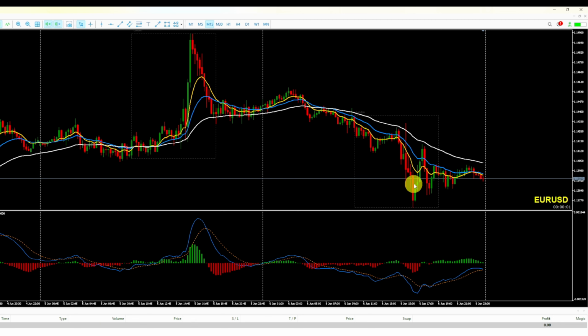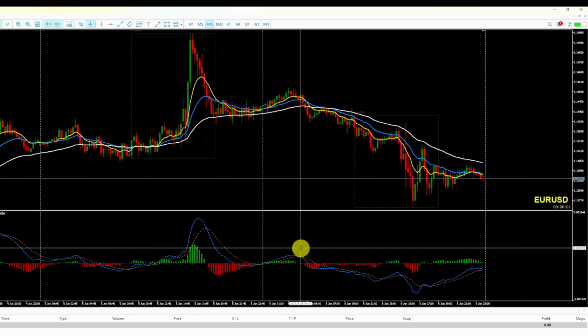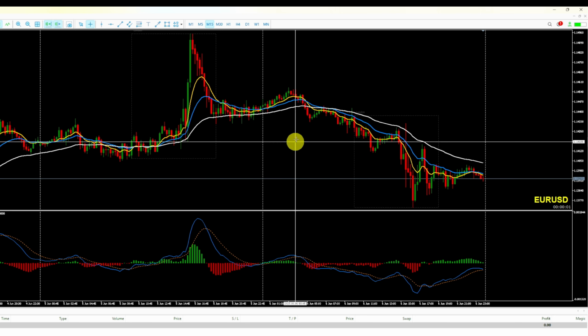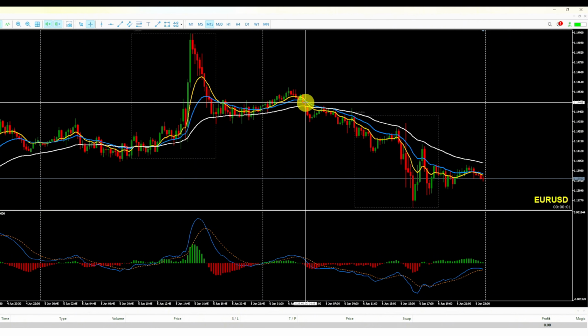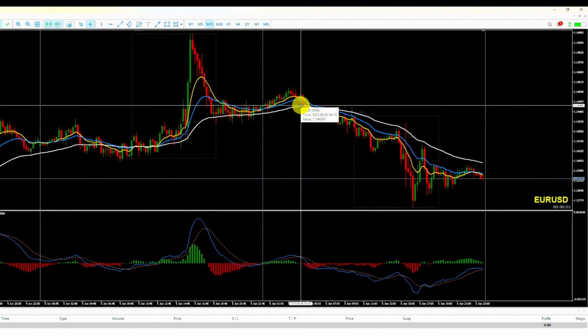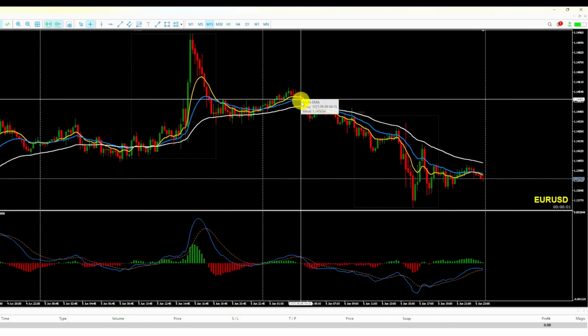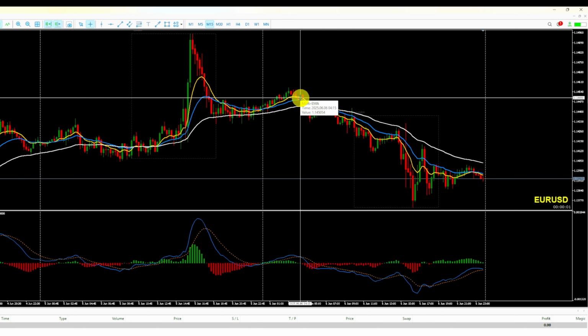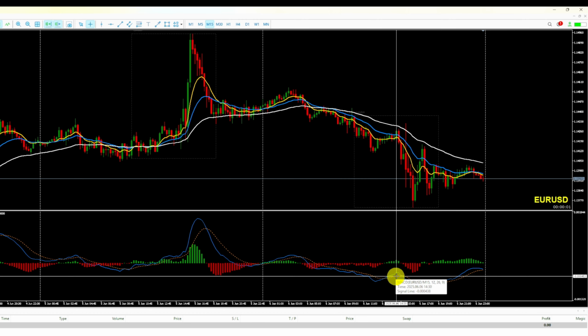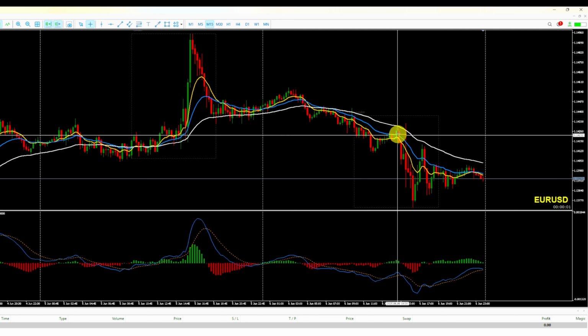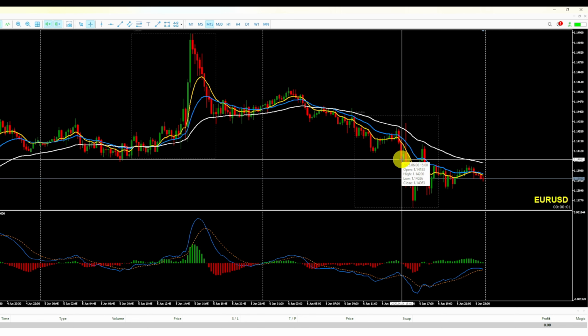If we were looking at using the MACD crossover as well, we find the crossover was here, before we actually had the indications on the moving average. So the crossover at this point would have been counter trend, so that would be no signal at that stage. If we're looking for a cross down, it wouldn't be until this area here.